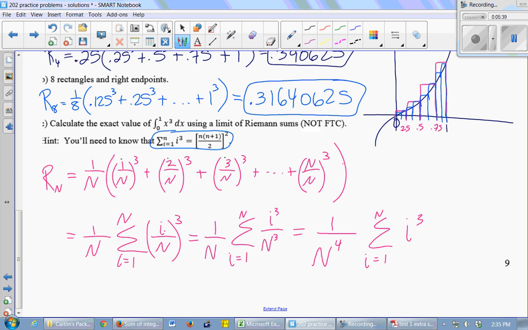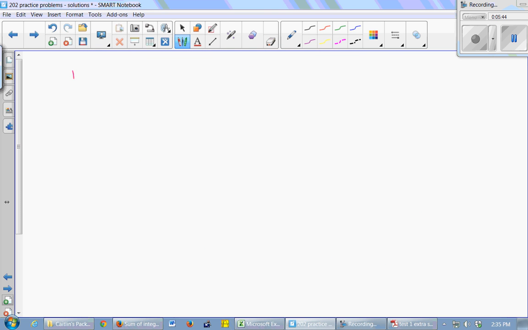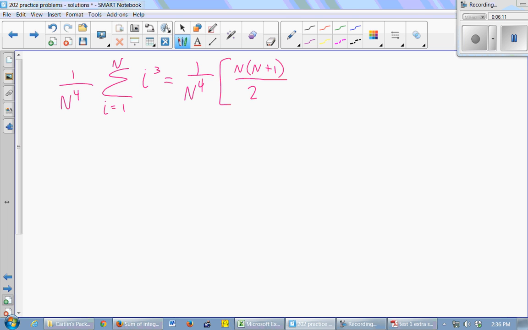All right, I'm going to jump to a new slide here. I'll rewrite what I had there. I had 1 over n to the 4th times the sum from i equals 1 to n of i cubed. Okay, so now I replace that summation with a formula. So that formula is, I still have my 1 over n to the 4th, that's staying, and then my formula is (n times (n plus 1) over 2) all squared.